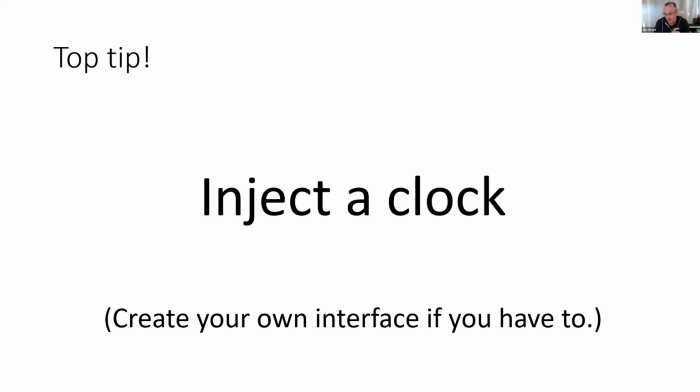Also inject time zones. I tend to try to avoid anything that refers to the system time zone, unless you're writing a local application, so it's running on a desktop somewhere, and you want to show the user the time something happened, then using the system time zone is probably fine for that.